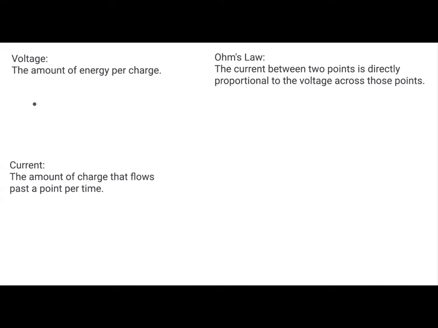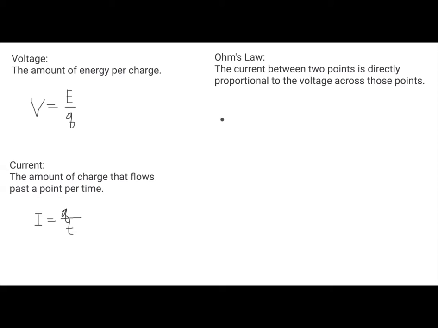And as such, the equation for voltage is the energy that you have per charge. The current, in terms of equation, is the amount of charge that flows past a point per time. So the equation is as such.